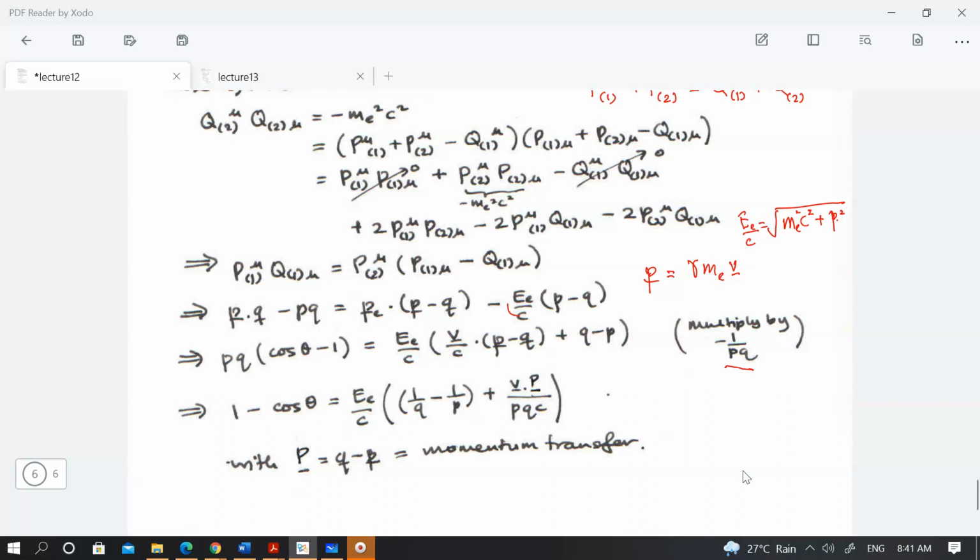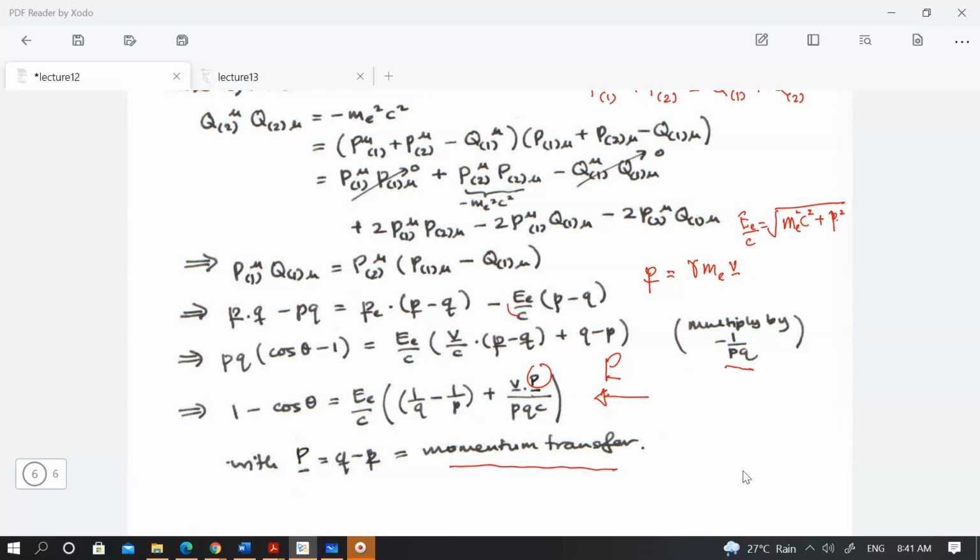So you get the result for the Compton formula when the electron is not at rest, given by a modification over here. Here this capital P is given by Q minus P, which is the momenta transfer.